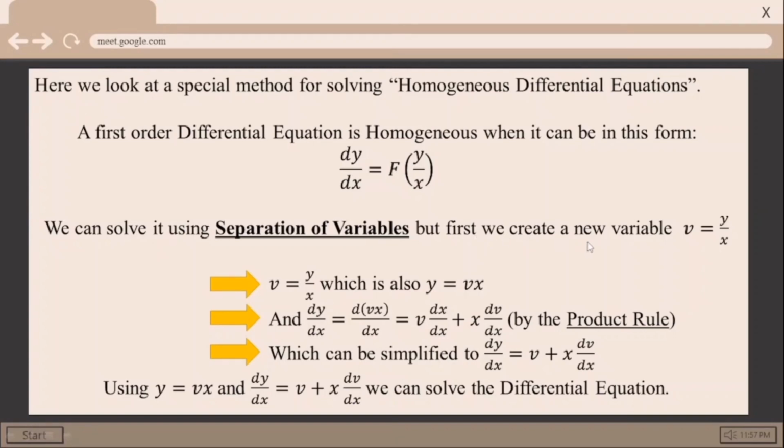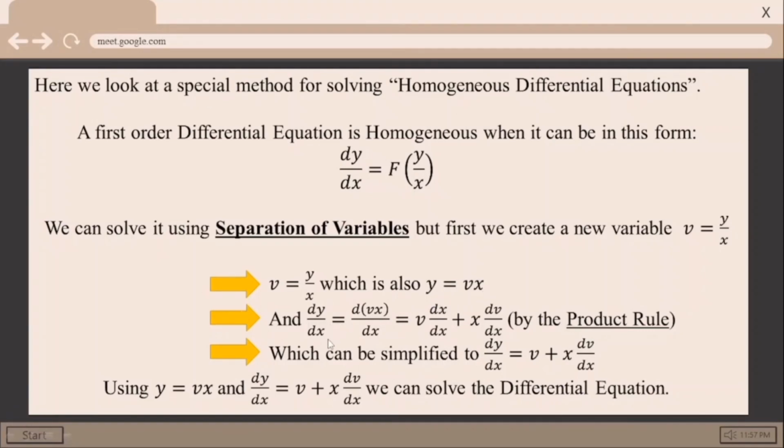So going back, before we can solve this differential equation, first we create a new variable v equals y over x, which can also be manipulated into y equals vx.